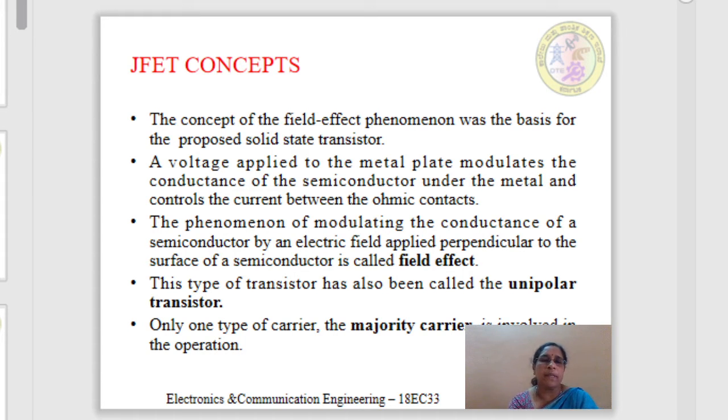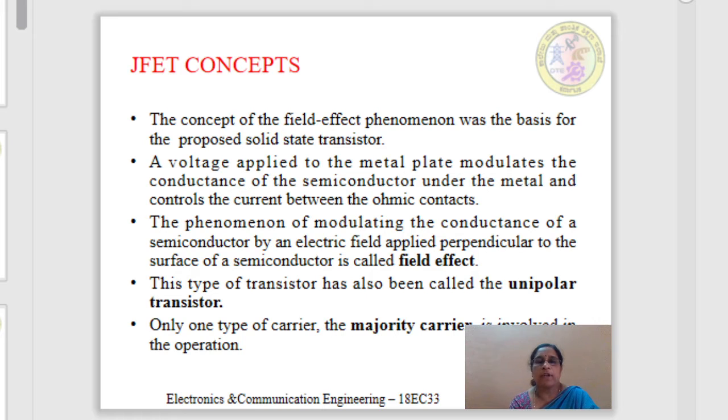Here, a voltage applied to one metal plate modulates the conductance of the semiconductor under the metal, and it controls the current flow between the ohmic contacts, or the other two terminals.